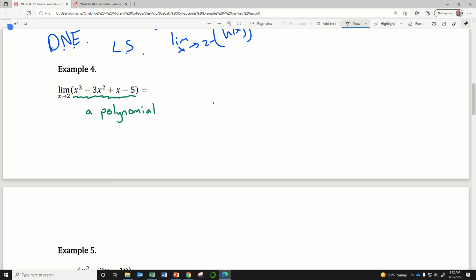And when we were first learning about limits, we learned that the limit as x approaches anything for a polynomial is just the polynomial evaluated at that point. And the reason for this is because polynomials are always continuous. Let me write that out. Polynomials are always continuous.